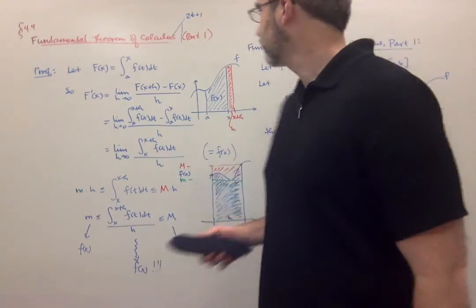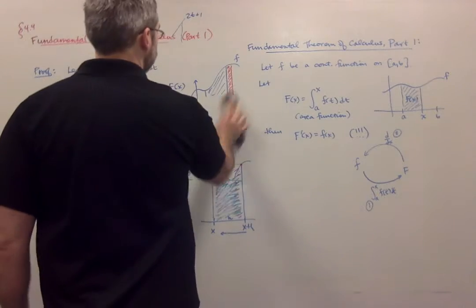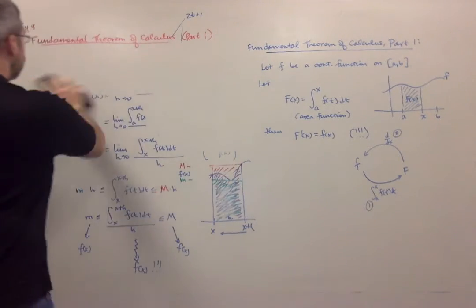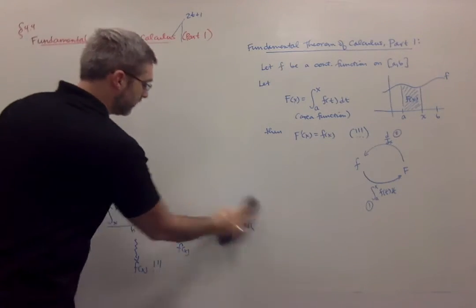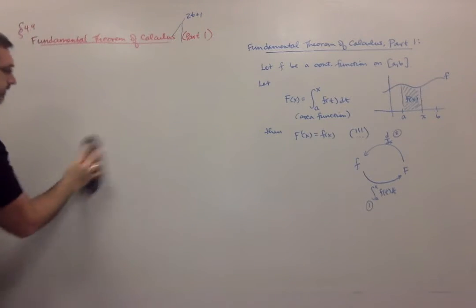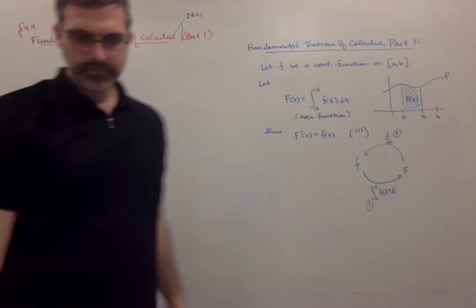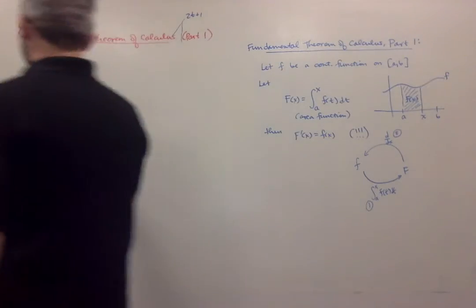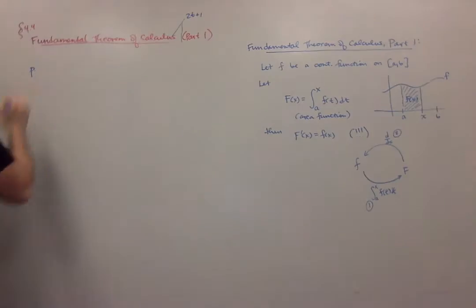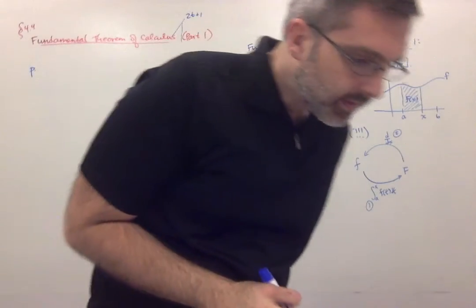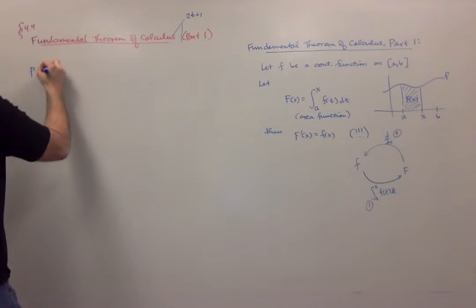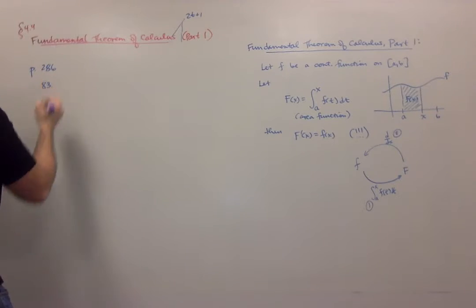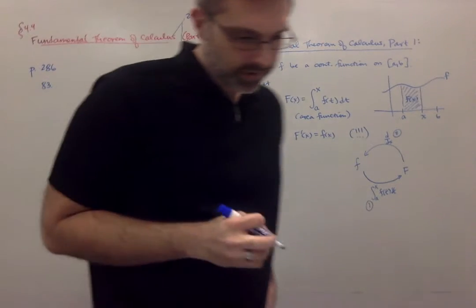I'm going to erase this proof here, and let's go over a few of the homework problems. Let's take a look at number 83, on page 286. You've got 81 and 82 on your homework, and I'm going to look at 83.